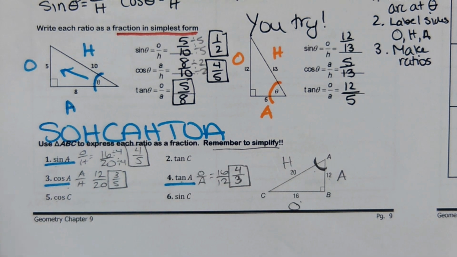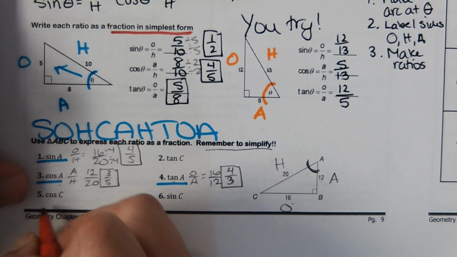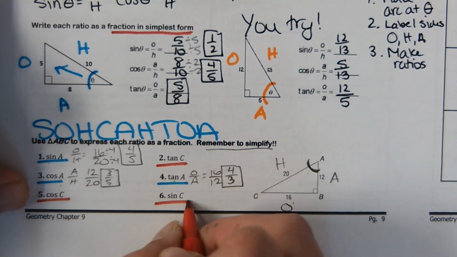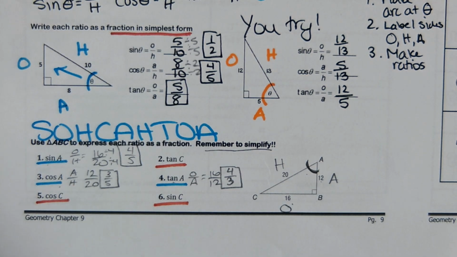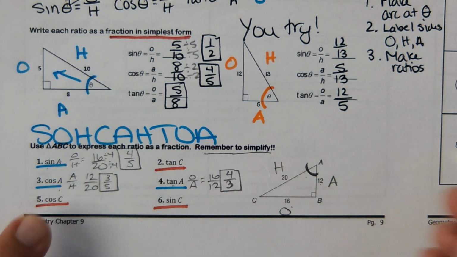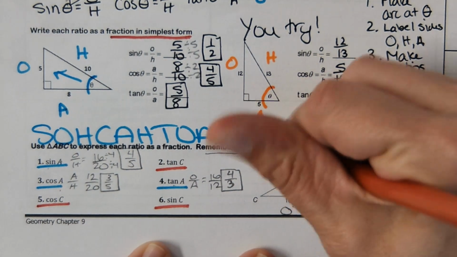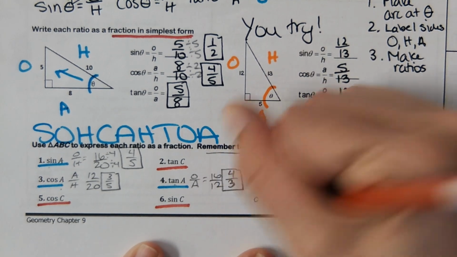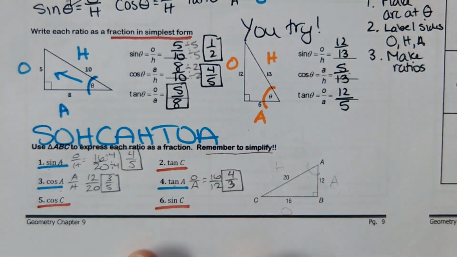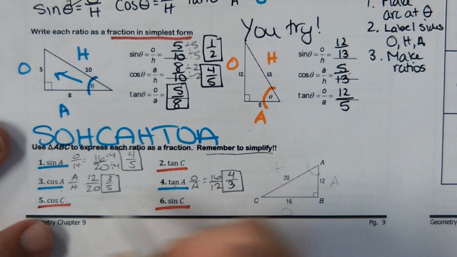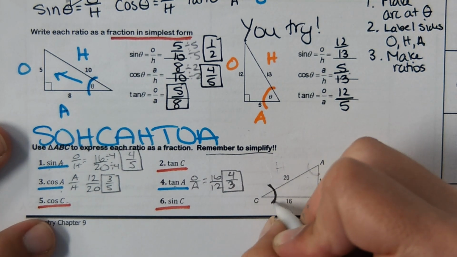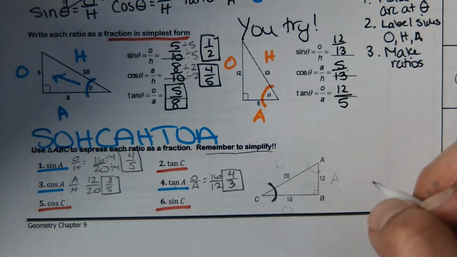Okay. Next, for the ones that are of angle C, we're going to do these three. And so now our arc is going to be on C and not A. So I'm going to erase all this and relabel my triangle. So for C, now I'm going to put my arc on C, and that's going to change the sides a little bit.